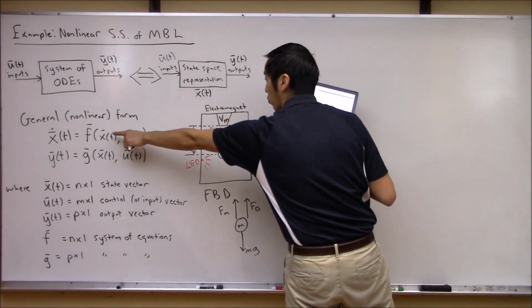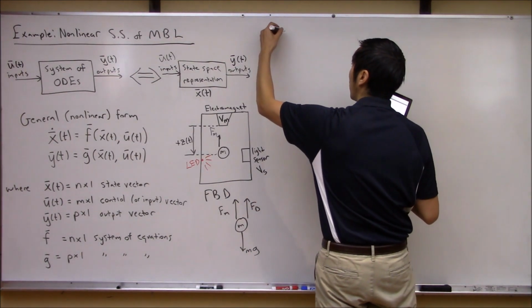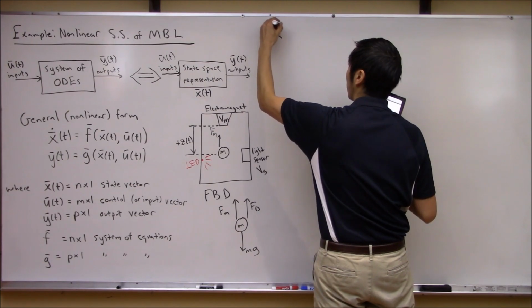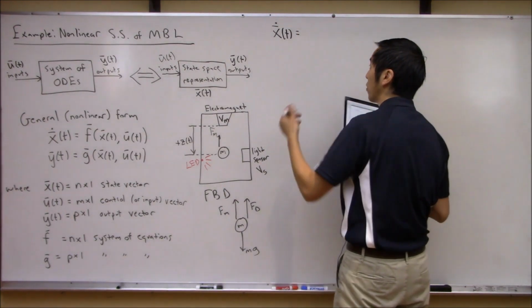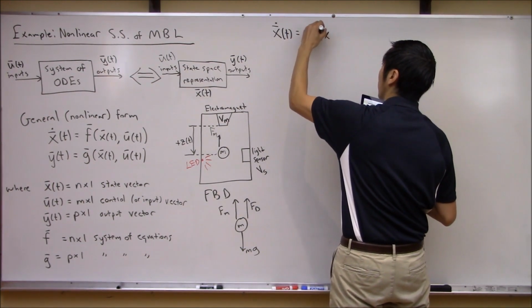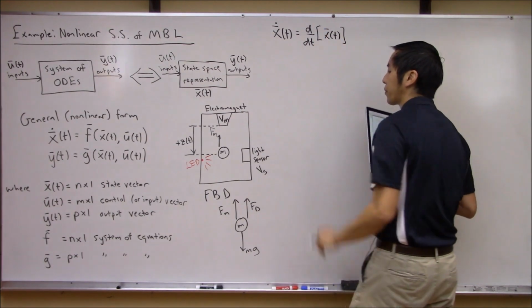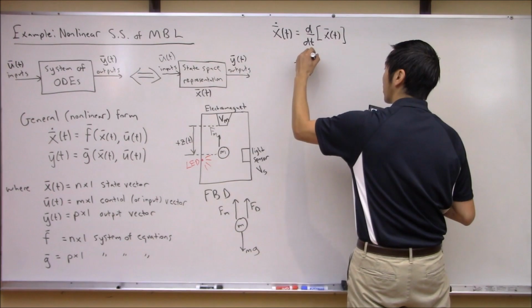So let's go ahead and write our expression for x dot, okay? So we said x dot of t, right? It's the time rate of change of the state. Well, isn't this just the same thing as d/dt of x, right? Okay? Well, what was x?